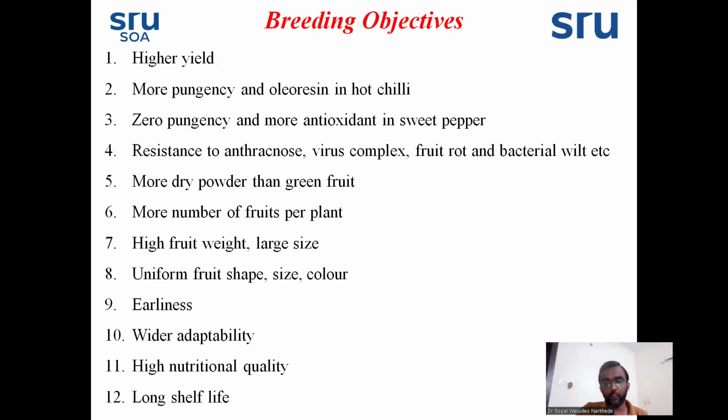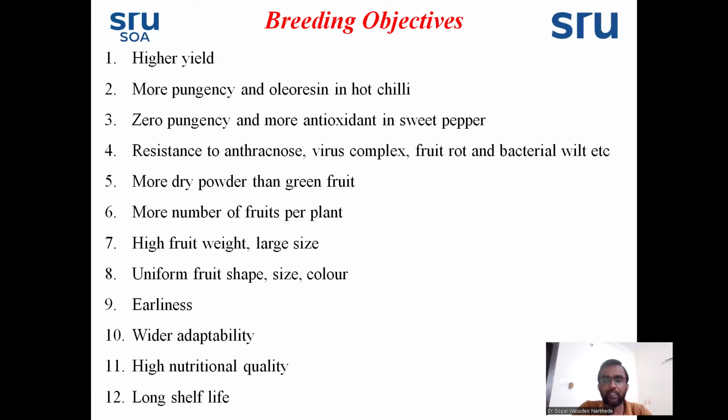The next objective is more dry powder than green fruit. As we have already seen, the breeding objective is higher yield, so we need more fruits per plant, more fruit weight, and large fruit size. Fruit shape, size, and color should be uniform.